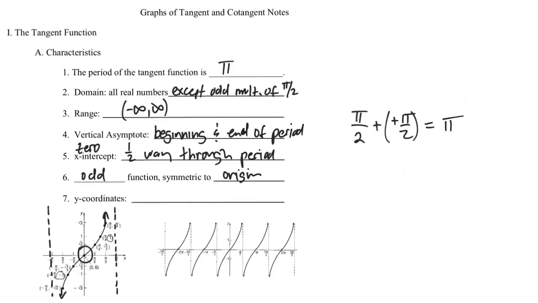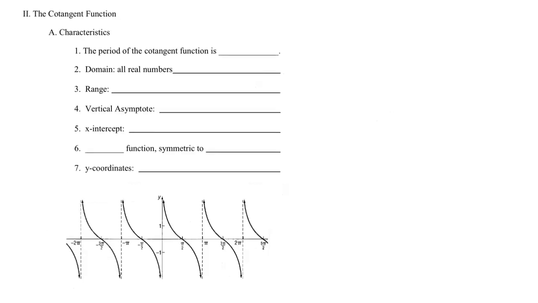And so that's what we're going to put here in our blank, is that this occurs 1/4 and 3/4 through the period. And so what I'm trying to line up for you here is that tangent has an order of points, just like sine, cosine, and secant and cosecant had. And so if we can remember what the order of the 5 points are, that's going to make it very easy to graph. And we'll summarize that here in just a minute.